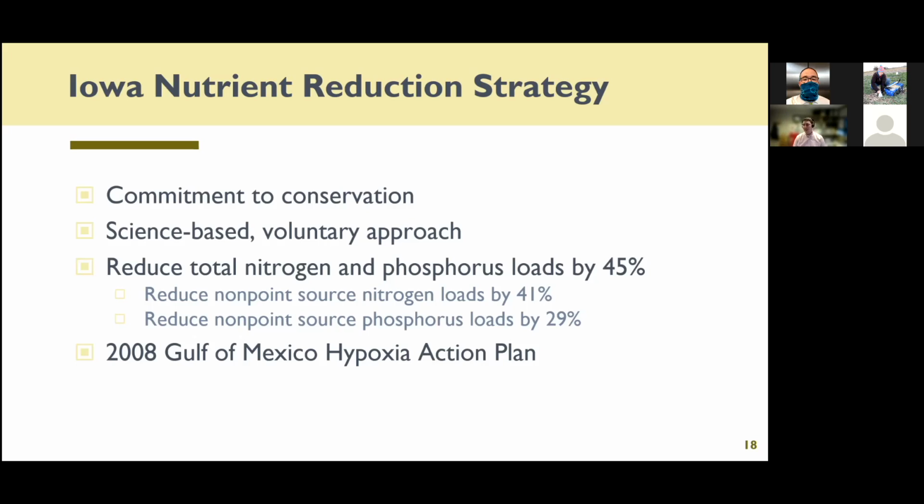And this all ties back into the Gulf of Mexico hypoxia action plan. So something that we're doing at a local watershed scale or a local field scale, if we get enough adoption of it, now all of a sudden we're moving toward maybe some significant impacts out on that entire watershed scale.